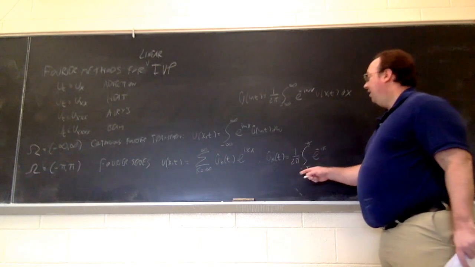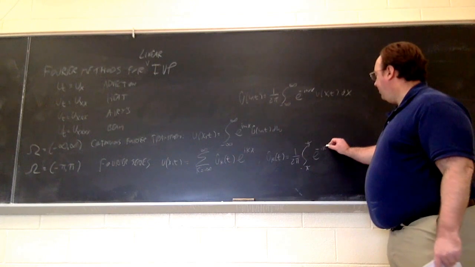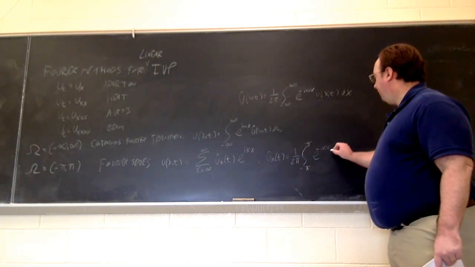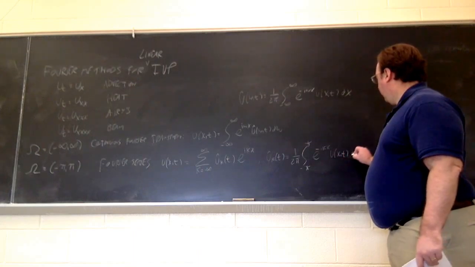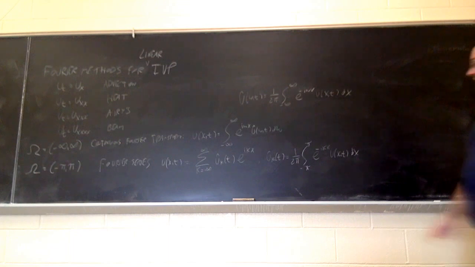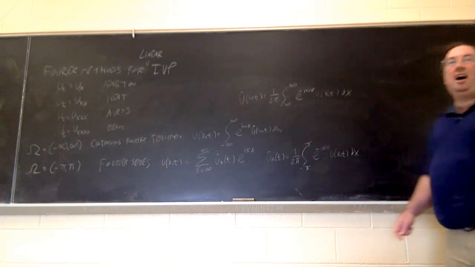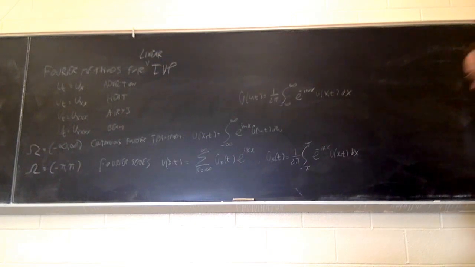And you can see the analog between these Fourier coefficients and these. So it's always an integral over the appropriate domain, e to the minus i times frequency times x, and the function that you're transforming.